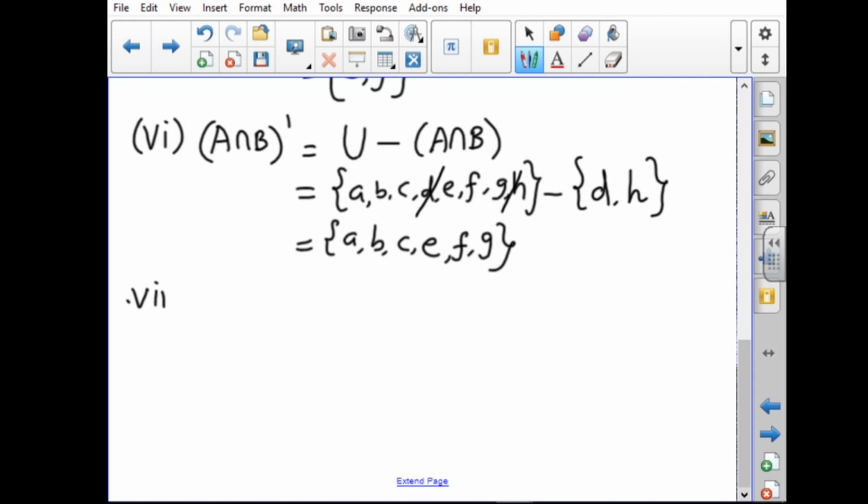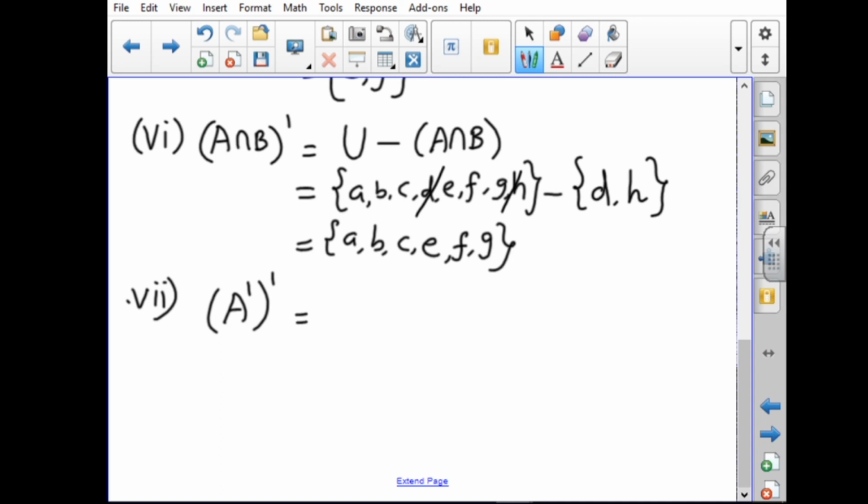Then the seventh one, A dash whole dash. A dash whole dash is nothing but A. We can check A dash, which we already found.